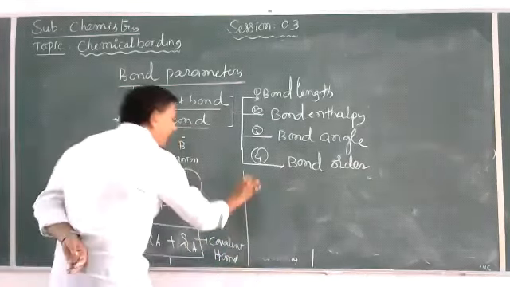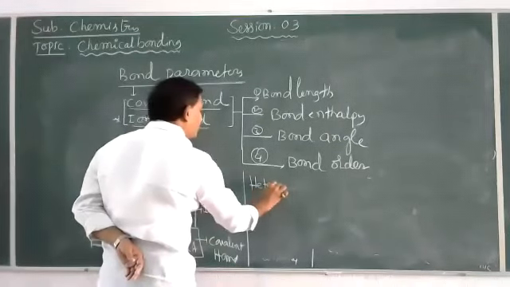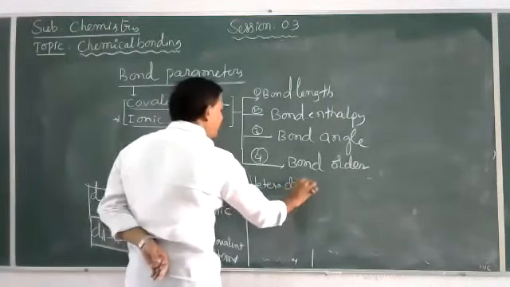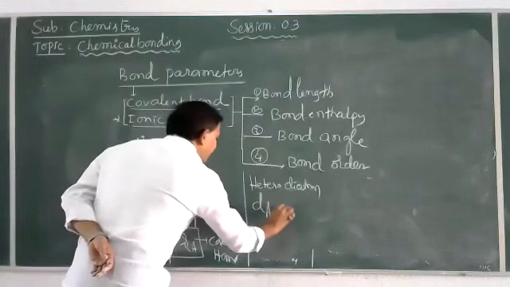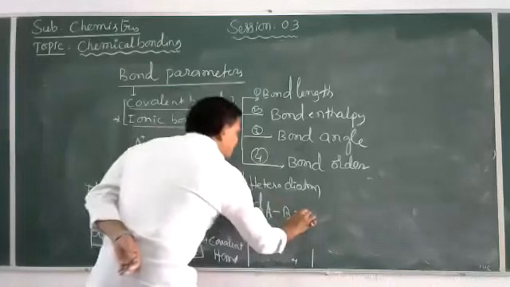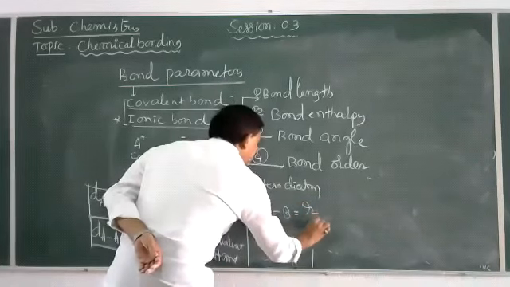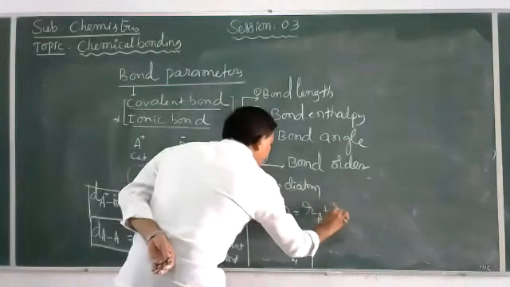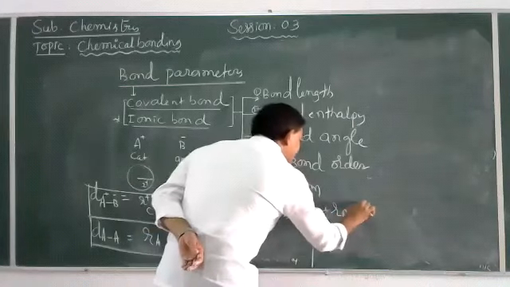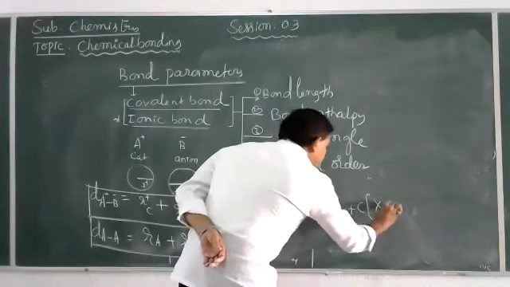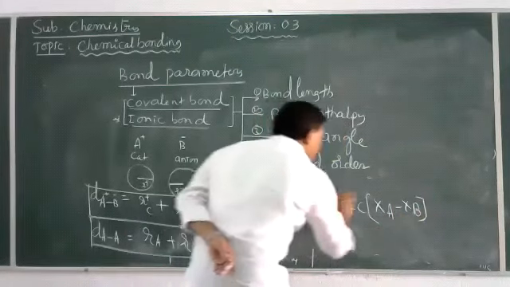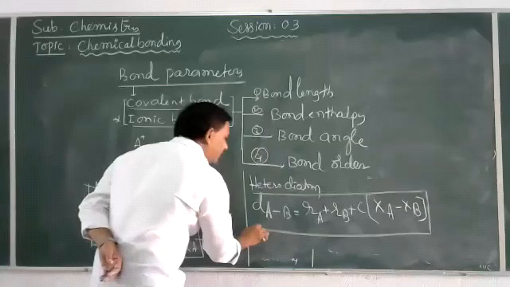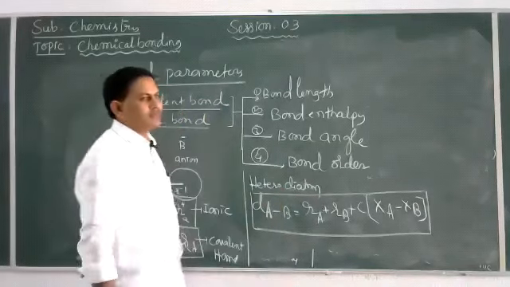If it is a heterodiatomic molecule, to calculate the distance between A and B, there is an important formula: radius of A plus radius of B minus C into XA minus XB. This is the formula to calculate the covalent bond length.